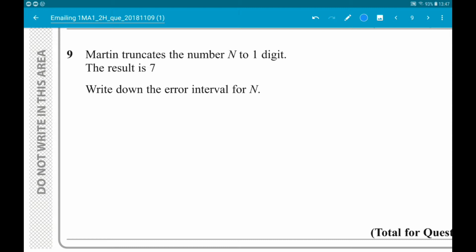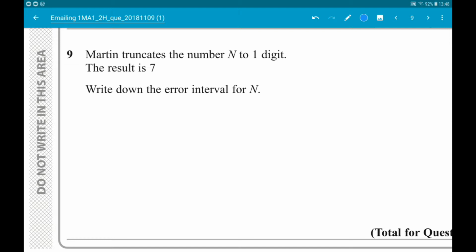So, if he is truncating this number n to 1 digit, he's cutting off any decimal part. So the result is 7. We want to write down the error interval for n. So, as I said, very strange to see this at GCSE. In fact, I never have seen truncations.